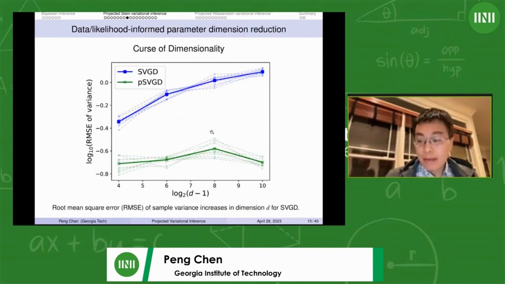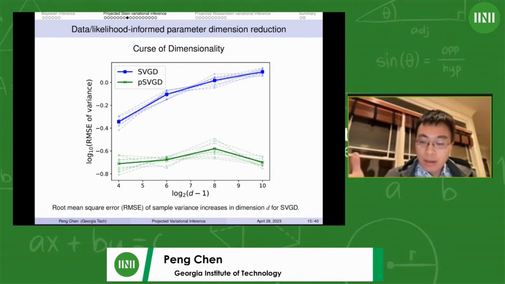As I said, in high dimensions there is this problem of the curse of dimensionality. You can see here, by simply applying this SVGD with growing dimensions, on a log 2 scale, the mean square error of the variance. Essentially it measures the variance of the particles that converged towards the posterior.